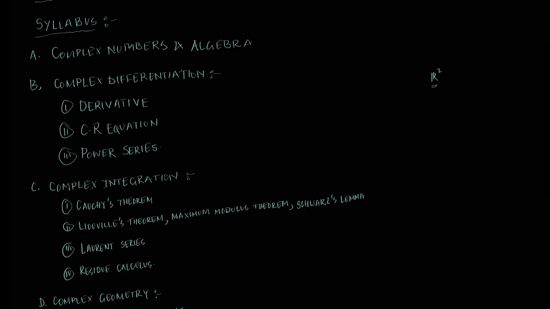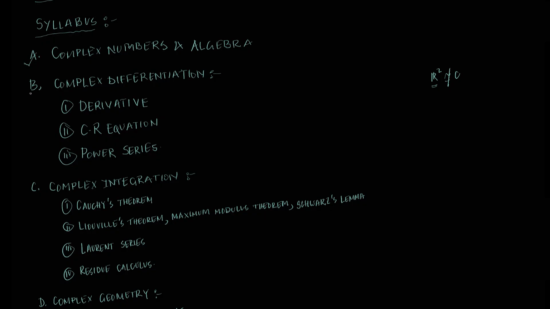So we'll start with this and we'll try and understand what R2 and C have in common and what are the differences between those two, and how that difference actually gives you this very rich theory of complex analysis. Otherwise you can just do several-variable calculus and you are done, right? Why are we doing this? We will first try and understand this in the first section, which will be complex numbers and complex algebra.